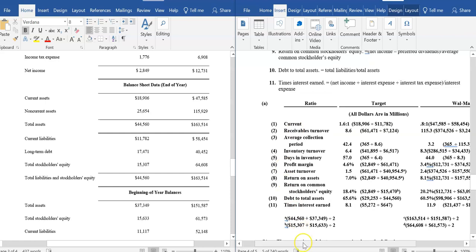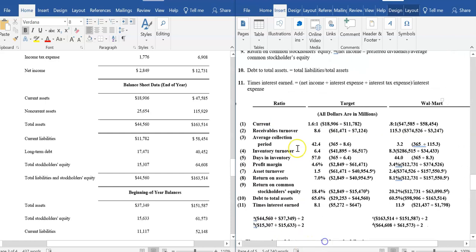To calculate the current ratio, we will be dividing the total current assets of Target, 18,906, by the current liabilities of Target. When I divide 18,906 by 11,782, I come up with a ratio of 1.6.